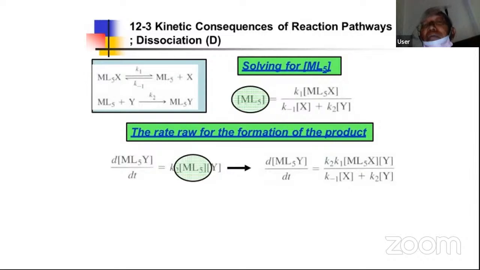From this rate law, you do the experiment and see whether this rate law is in agreement with the experiment. Of course it doesn't look in agreement, but you change the condition of the reaction, maybe one in excess of the other, and from that you will come to the situation whether this is first order or second order or pseudo first order, and then you check from your experiment.